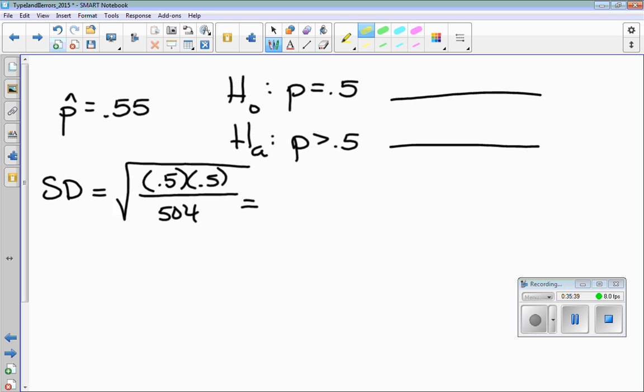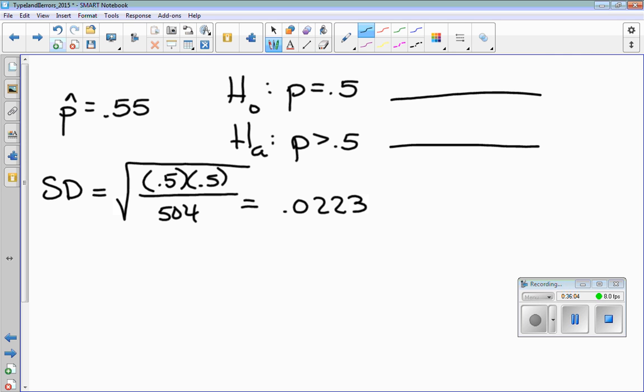So okay, it doesn't affect it. Yeah, I mean it's not that different. So it's still 0.0223. I think it was 0.0216.